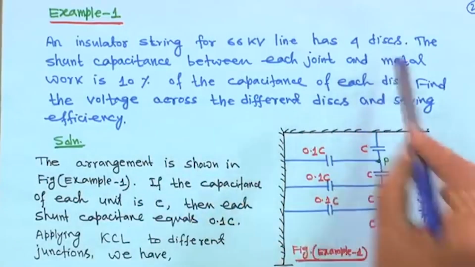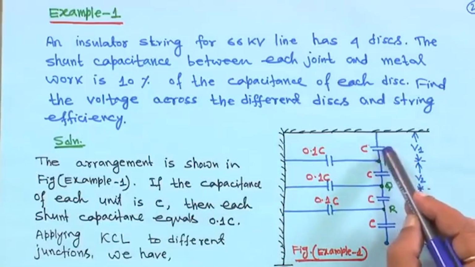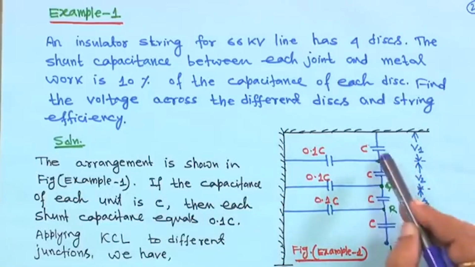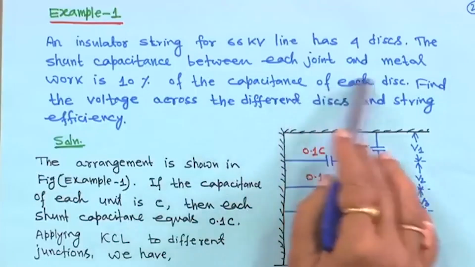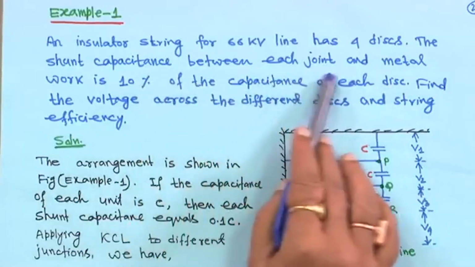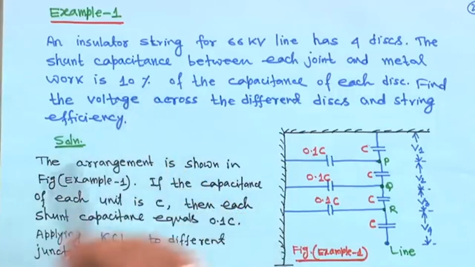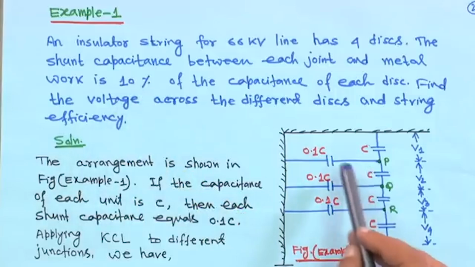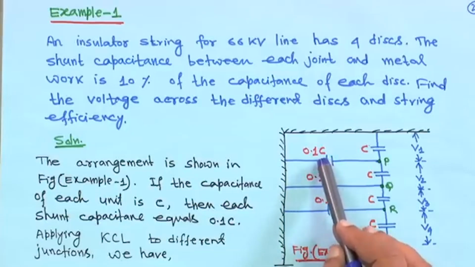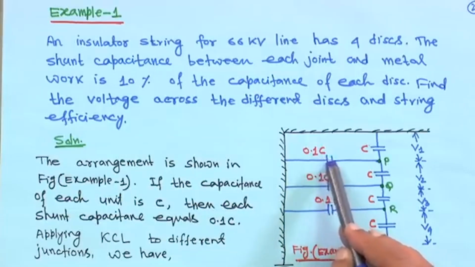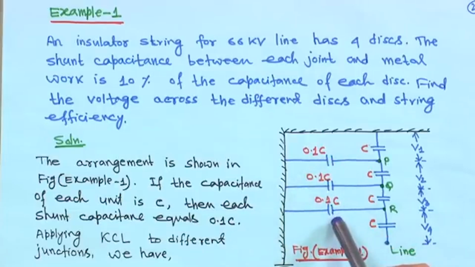So, it says that 4 discs are there. So, 4 capacitances 1, 2, 3, 4, each C, and the shunt capacitance between each joint and metal work is 10%, right. So, that means this is 0.1 C, that is K is equal to 0.1 actually, 0.1 C, 0.1 C and 0.1 C, right.